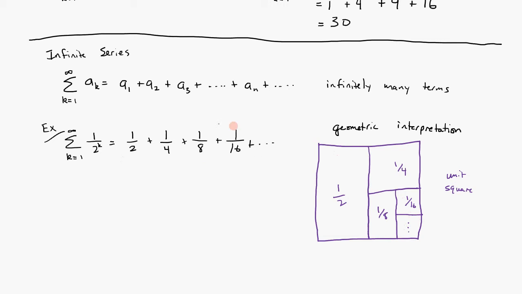Adding all of these terms up, and again you imagine there are infinitely many terms, would be adding infinitely many of these pieces. But if I put all the areas together, you can see that you add up a smaller and smaller piece of the square, and if we imagine this process going to infinity, it's going to actually cover the entire square, and so the total area is equal to 1.